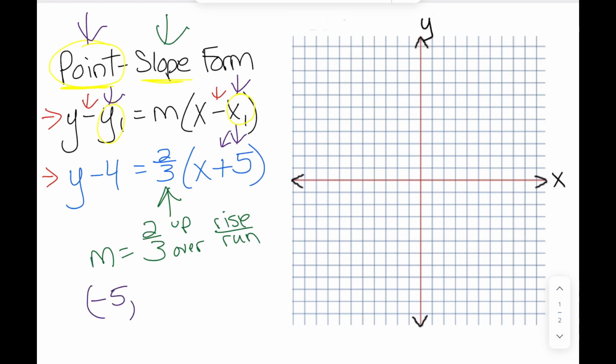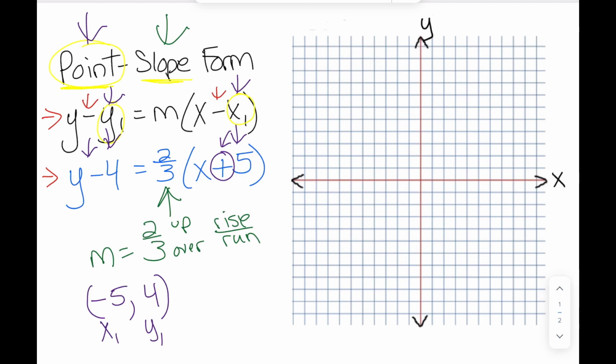When we put that minus 5 into the equation, minus a minus 5 is what turns it into the plus 5. So we know that our x1 point is a negative 5. Then we're going to look at the y1. x1, y1 is the point on the line, and the minus is there, so we know that that is a positive 4 for our y1.